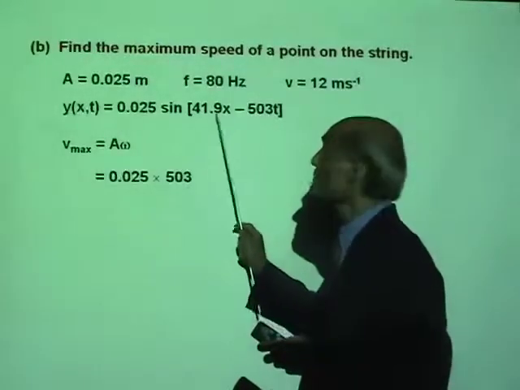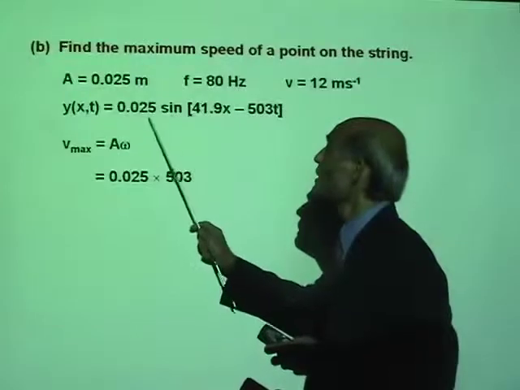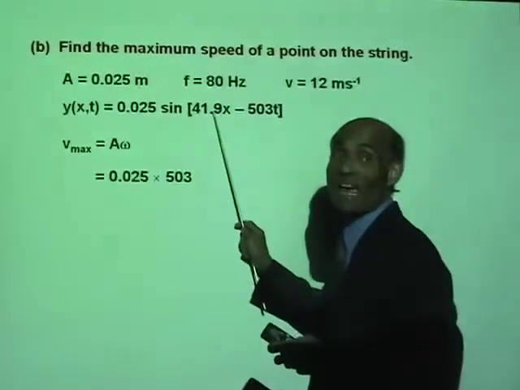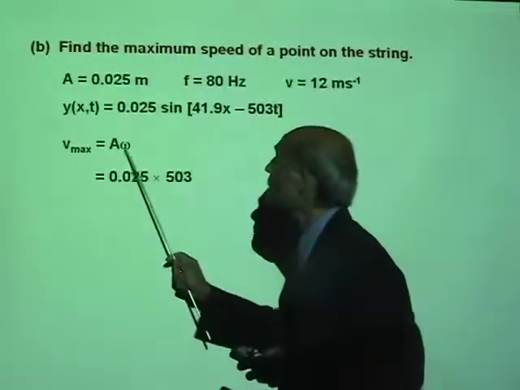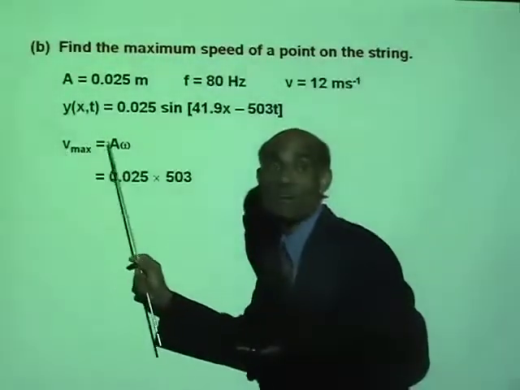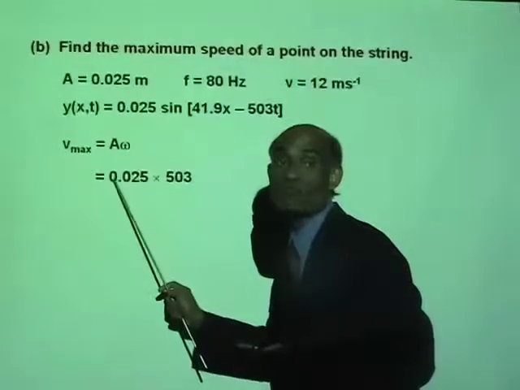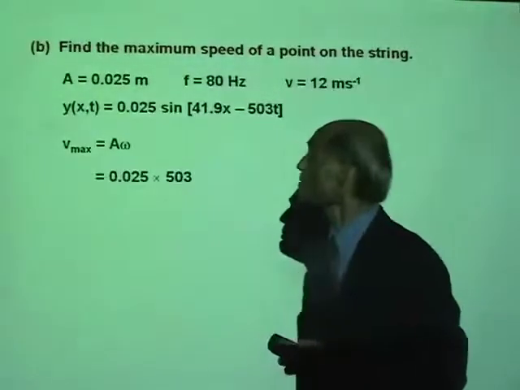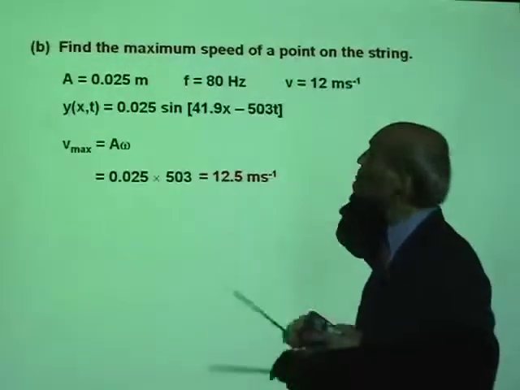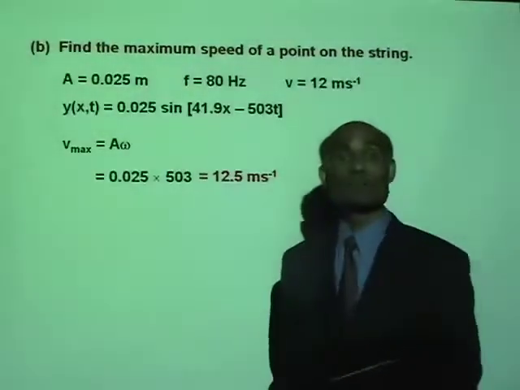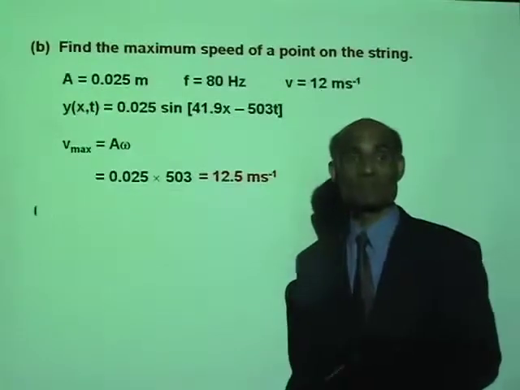That's omega. Because the wave equation says this is A sine (kx minus omega t). Omega is 503. Therefore, the maximum velocity is A times omega. That is 0.025 times 503. That is 12.5 meter per second.